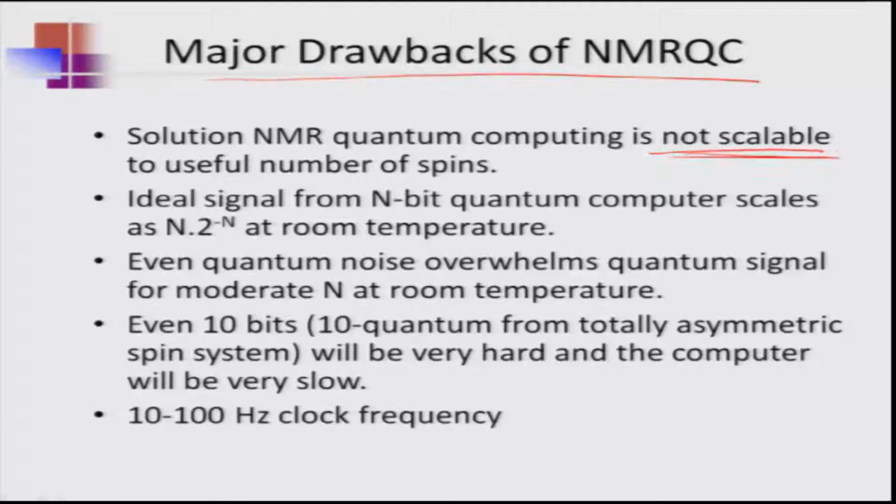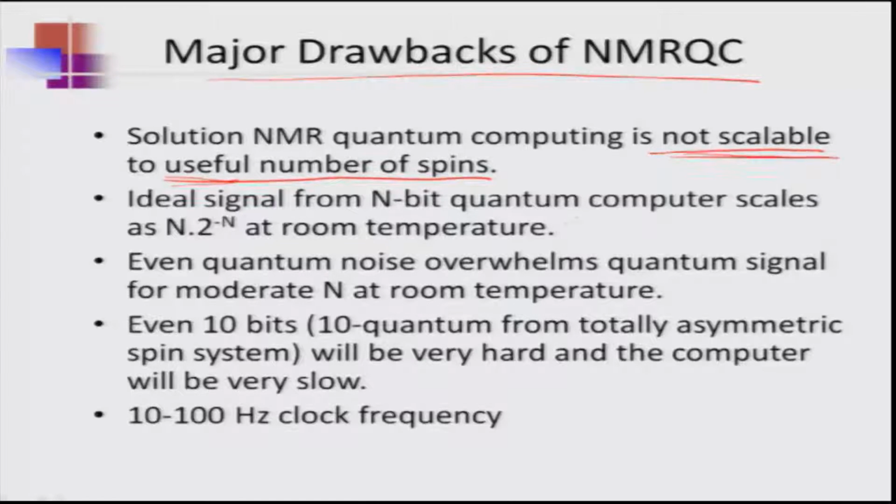It is not scalable to a useful number of spins, because what happens is, beyond a certain point, the signal to noise conditions overwhelm, the noise becomes too much, and you cannot really get the required number of spins, or the useful number, as we would like to say.